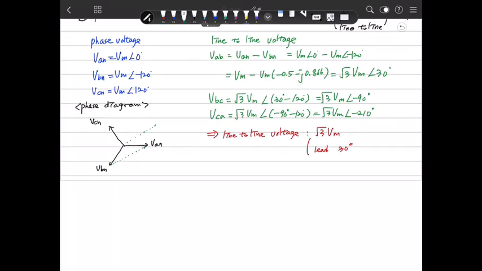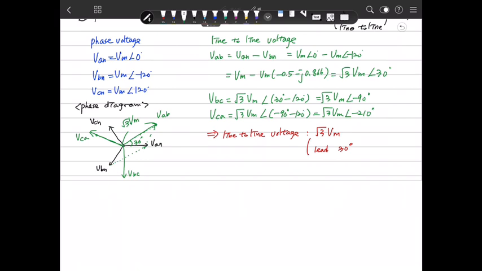So we get it here. This is a VAB. In the same way, this is a VBC. And this is a VCA. The angle is 30 degrees and magnitude is √3 Vm.